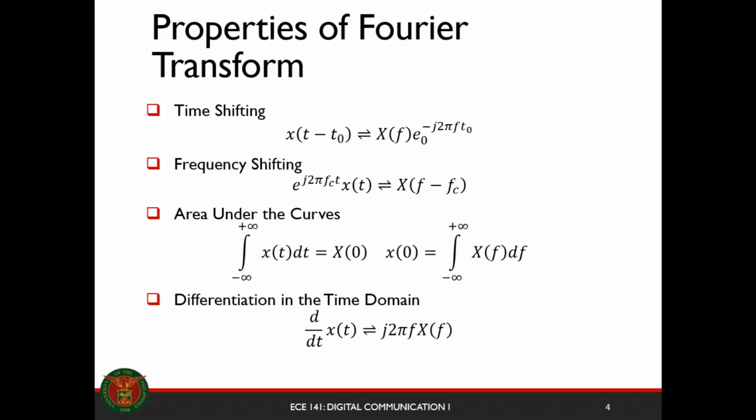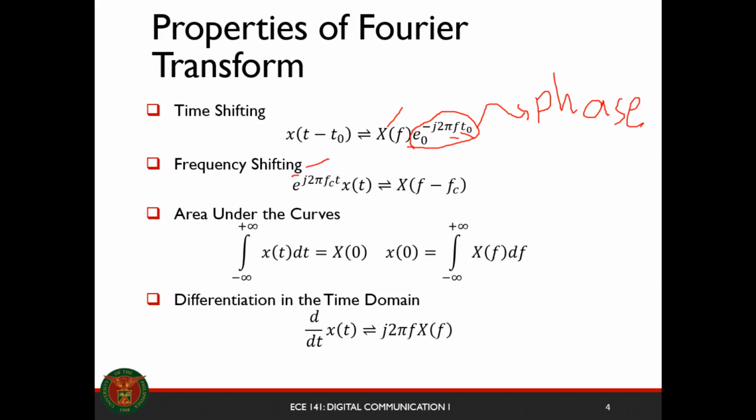The time shifting property creates this term multiplied with the Fourier transform. This is actually a phase shift. Okay? So this term here is a phase shift that depends on t0 and the current frequency at that point from the spectrum.